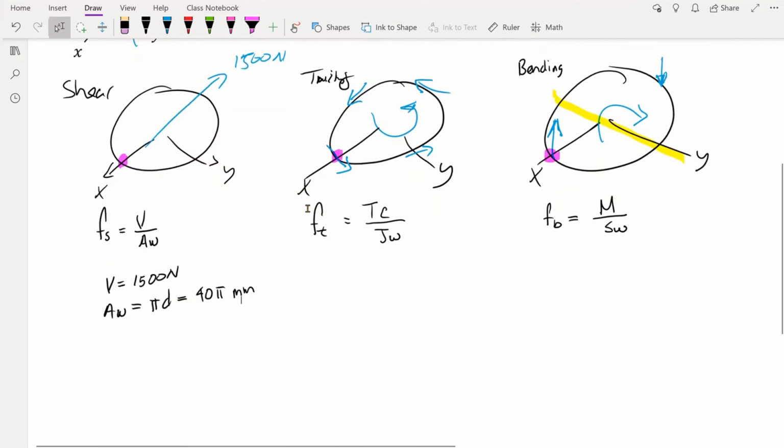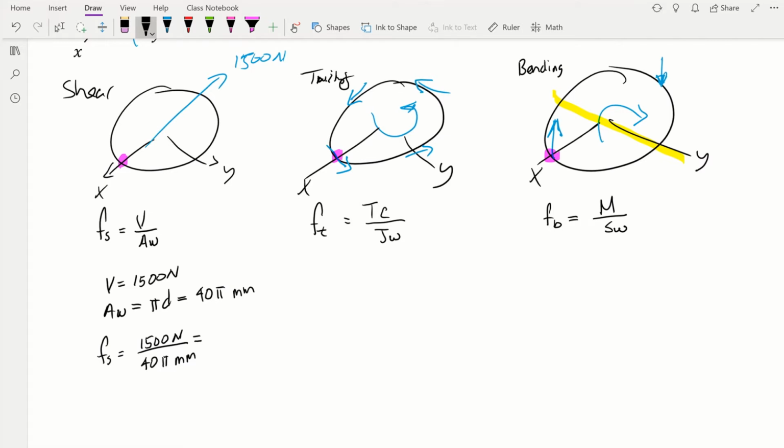Now that we have these values, we can calculate the force on that weld due to the shear, which is 1,500 newtons divided by 40 pi millimeters.